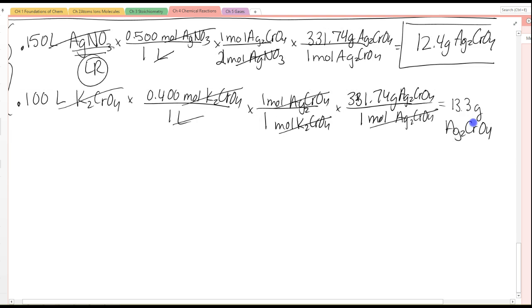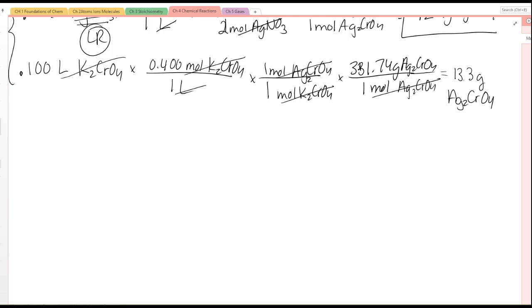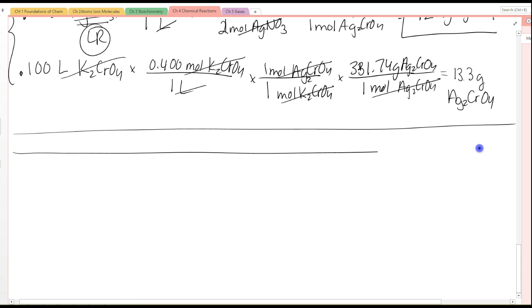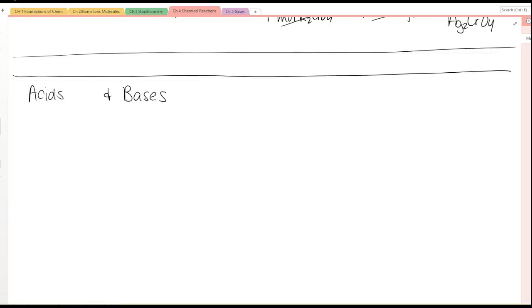Now, let's look at the second type of reaction I wanted to talk to you about, which are acid-base neutralizations. First, we need to define acids and bases. Earlier you probably defined acids using the different definitions of acids.